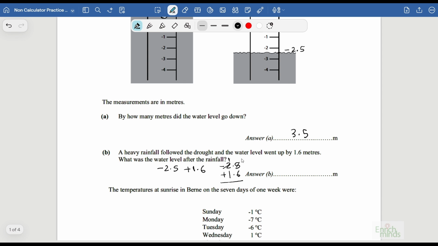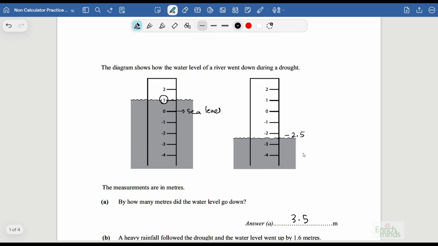You take away 6 from 15 to get 9. That's a 0. So that's -0.9. So the new water level after the rainfall is somewhere here, at -0.9.